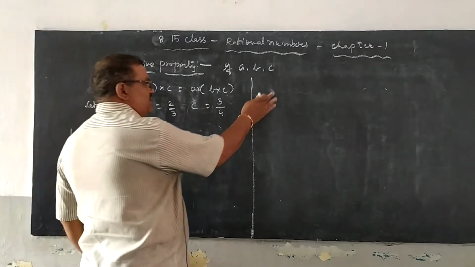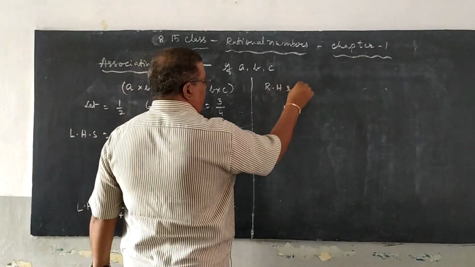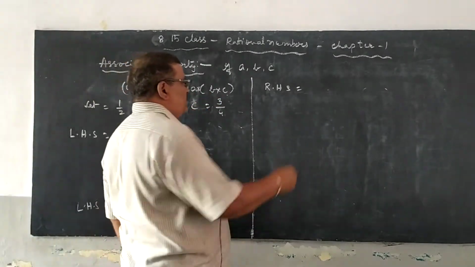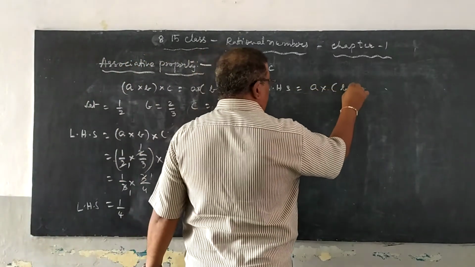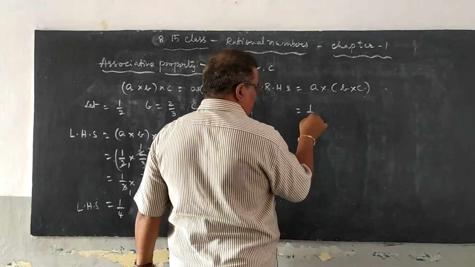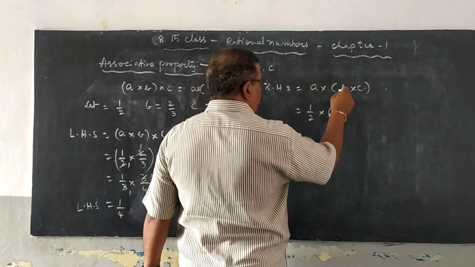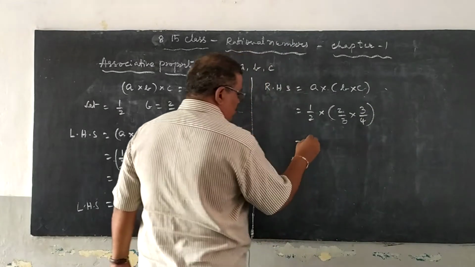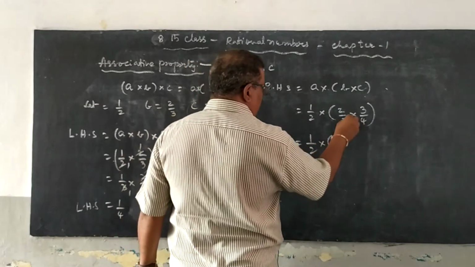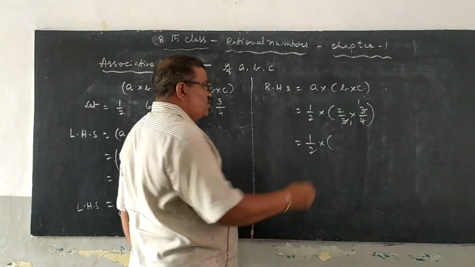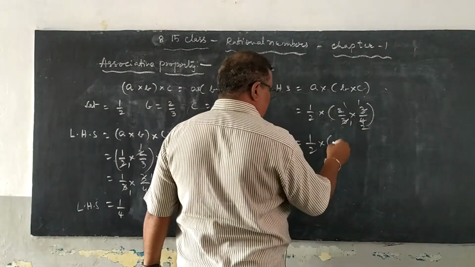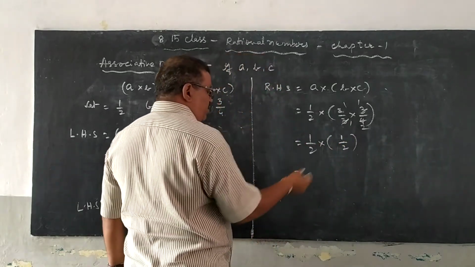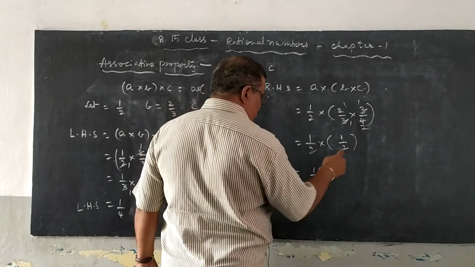Now go through the RHS. RHS is A into, B into C: 1 by 2 into, B is 2 by 3 into C is 3 by 4. So the 3s cancel, the 2s cancel, 1 by 2 into 1 by 2. 1 by 2 into 1 by 2 is 1 times 1 is 1, 2 times 2 is 4.